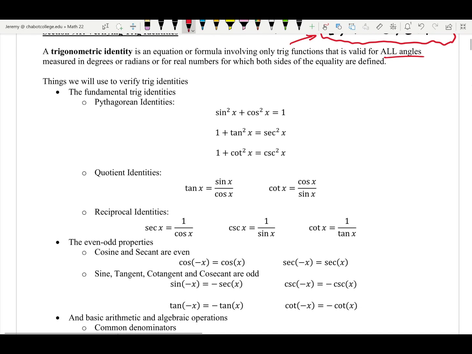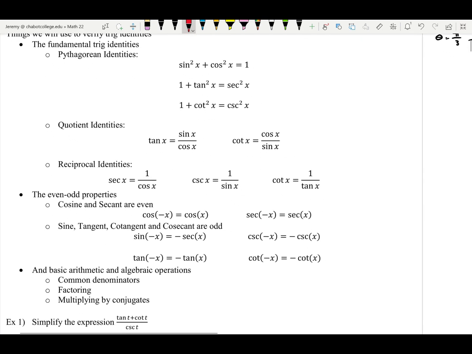The first and most basic identities that we've already seen are the Pythagorean identities: sine squared plus cosine squared equals 1, and these other two, which we can derive from the original, 1 plus tangent squared x equals secant squared x, and 1 plus cotangent squared x equals cosecant squared x. We have the quotient identities.